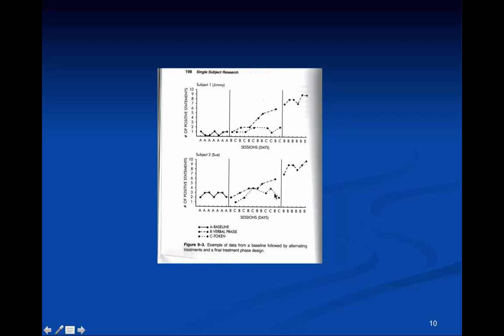So you really are demonstrating control, and you're demonstrating a functional relationship between this particular intervention and this target behavior.